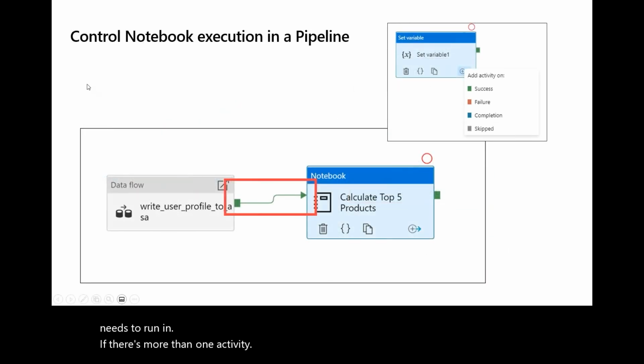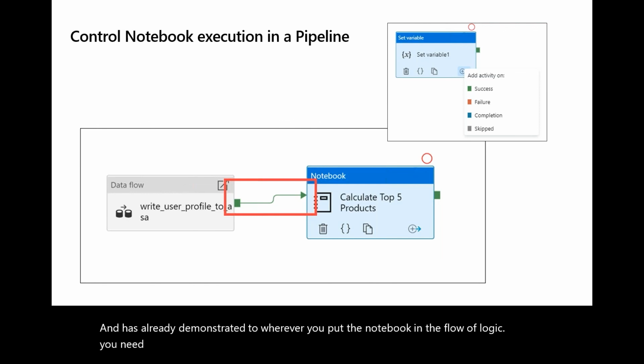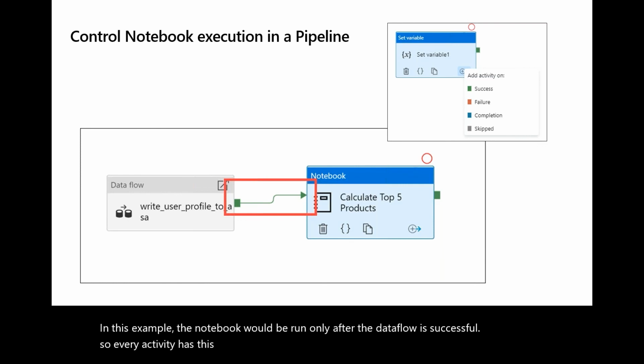And as already demonstrated, wherever you put the notebook in the flow of logic, you need to connect it to another activity. And these are those four settings. In this example, the notebook would be run only after the data flow is successful. So every activity has this capability of being dependent on another.